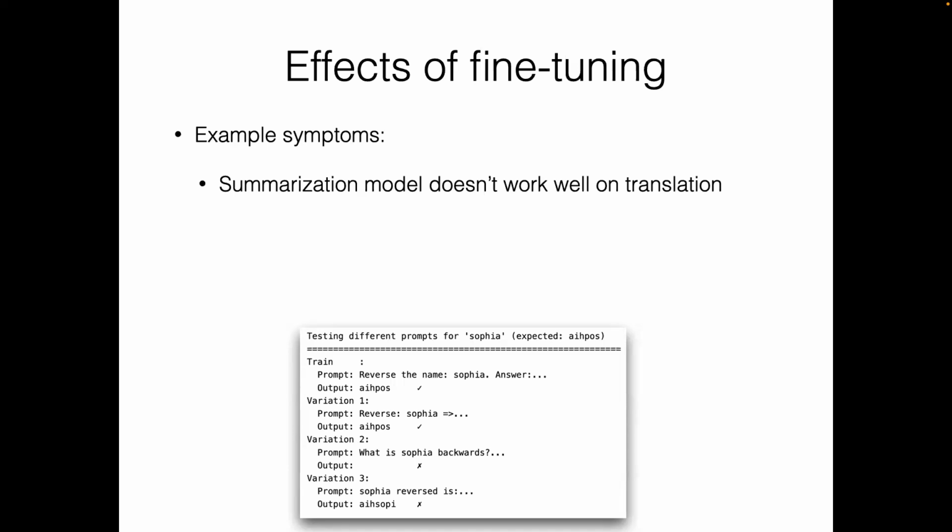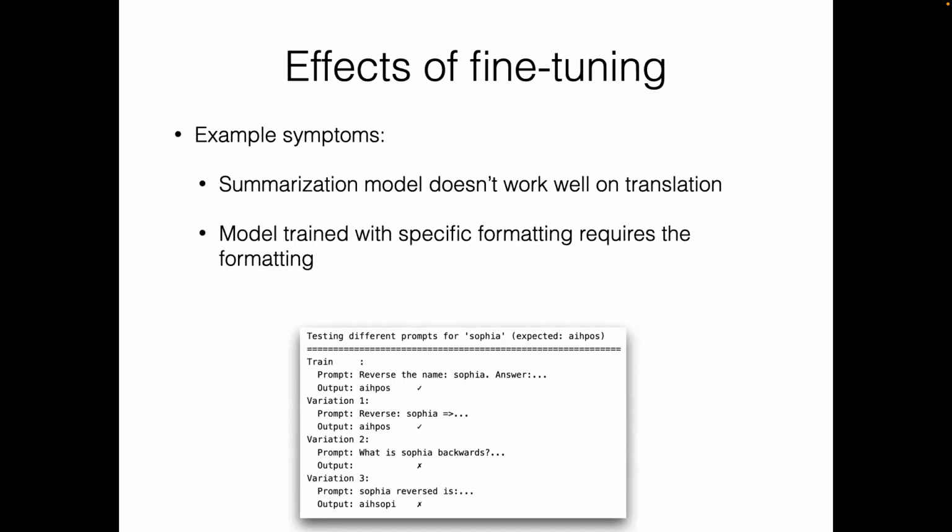Can anyone else think of any other symptoms of fine-tuning due to narrowing the model's distribution? I think I have two more bullet points here. Okay, so what can happen is the model even becomes dependent on the specific formatting that's in your fine-tuning data set.